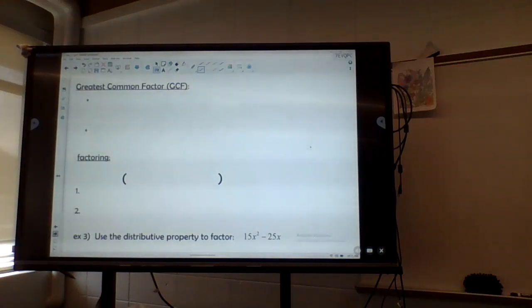So the greatest common factor is obviously what it sounds like, but maybe that doesn't process what that means. So what we mean by that is common means something they have in common. So the same number and the same variable that can divide into all terms.